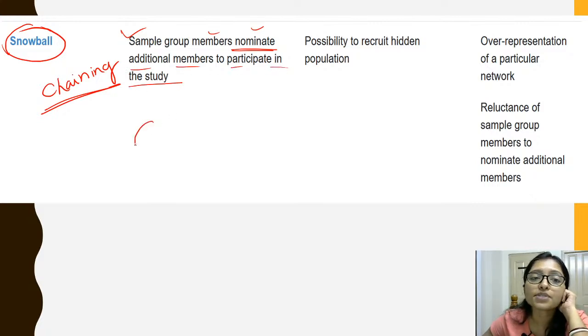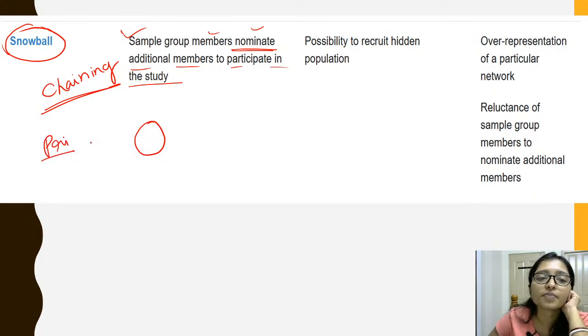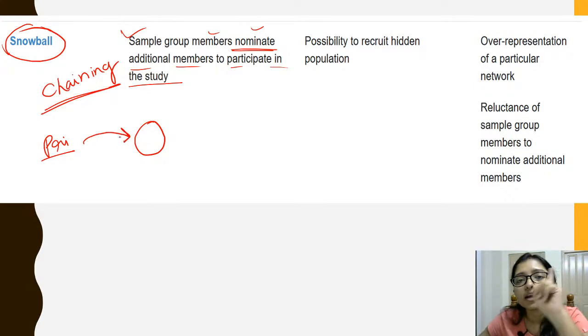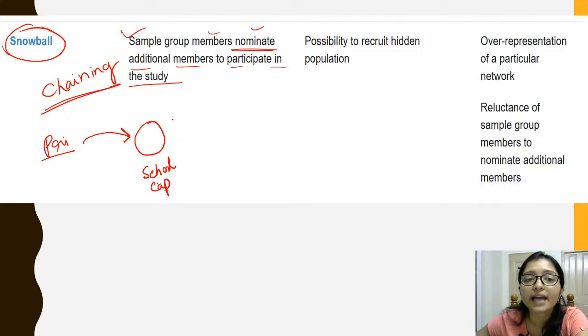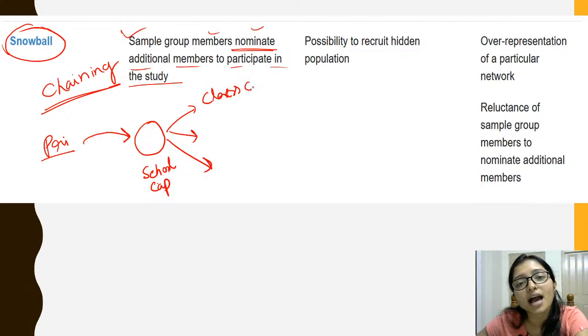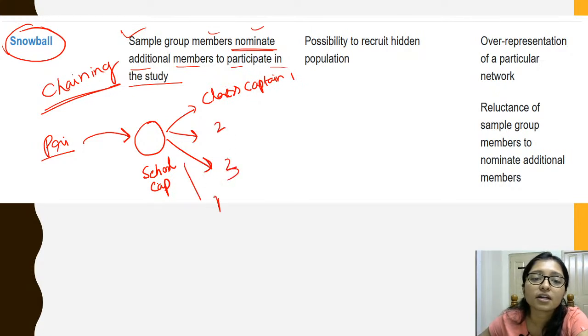Maybe I am the principal of the school, and from that principal of the school she will select one person, that is the school captain. Now this school captain will select other captains, that is the class captains. He will select different class captains, for class 1, for class 2, for class 3 and for class 4.